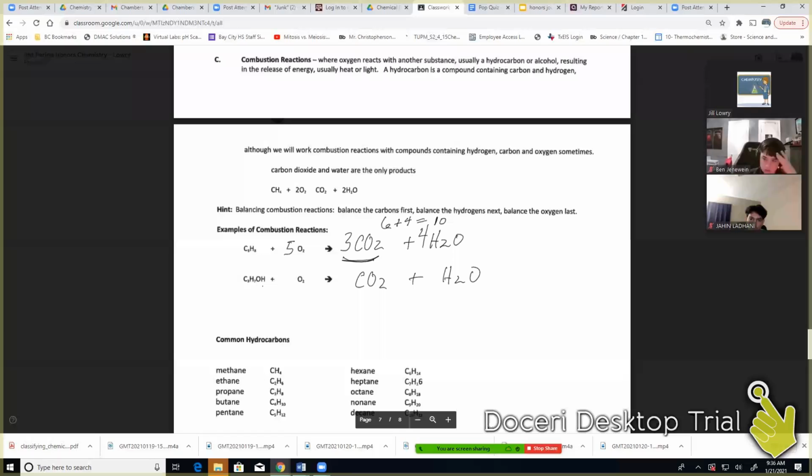I'm going to start with my carbon, which is 3. Hydrogen, I have 7 plus another 1 here, so 8. So that means I'm going to put 4 here.